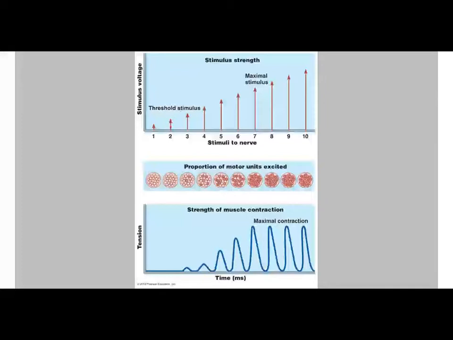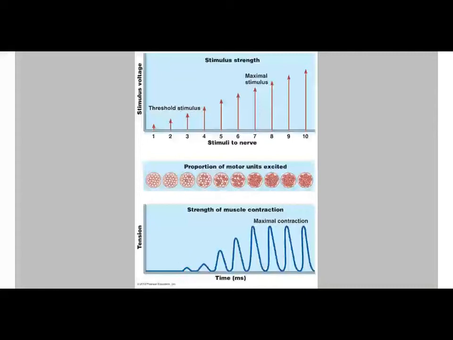If the stimulus is a little bit stronger, well, still not enough to activate any motor units, not enough to activate any muscle cells to contract, and still no tension builds. Stronger still, finally we have reached enough to actually activate some motor units, a couple of muscle cells contract, and we get a little bit of tension.